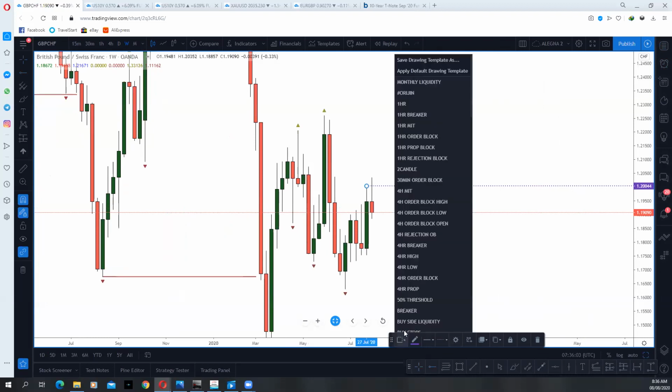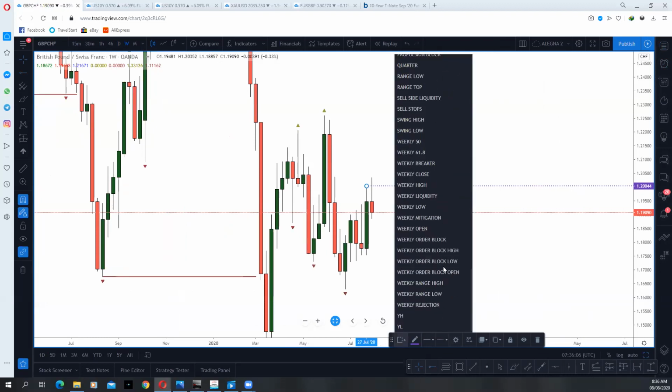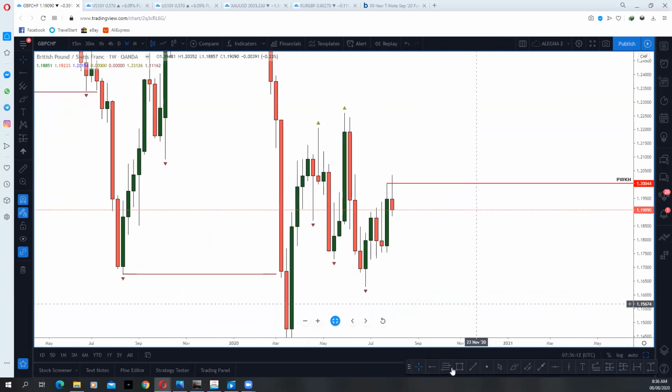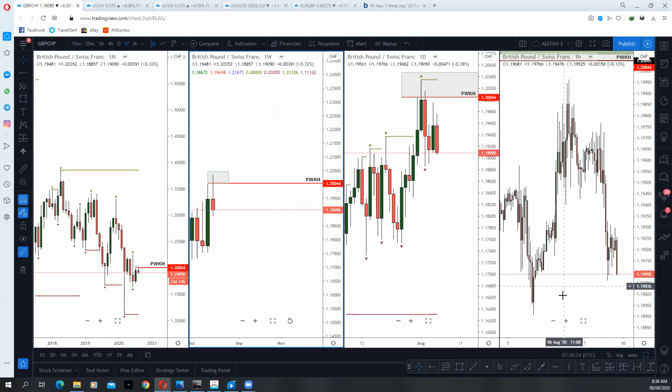So I already have all this marked out. So you're going to have the prior week's high. This is it. Now let me put something here so that it is easy for us to see this on smaller time frame charts when we go in.